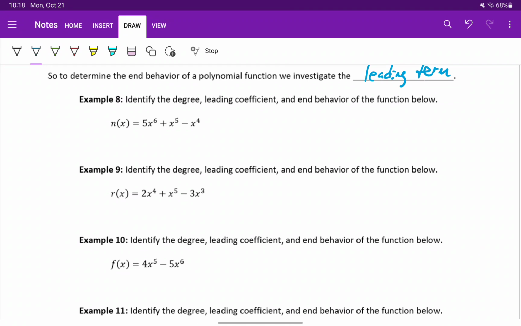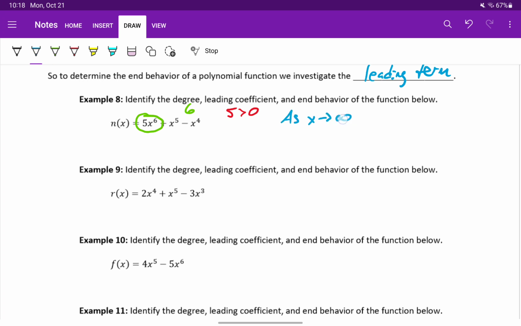So to identify the end behavior, we'll identify the degree, which in this case is 6, and the leading coefficient, which in this case is 5, and that's positive. All we need to do is look at this leading term and basically consider this to be like a power function. Whatever the behavior of 5x to the sixth is the behavior of this polynomial.